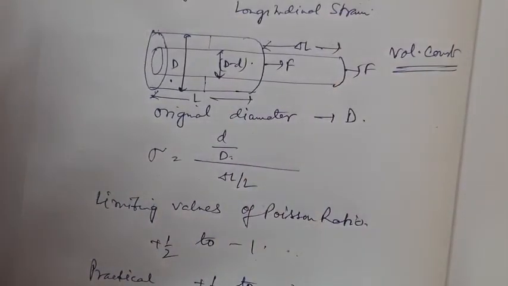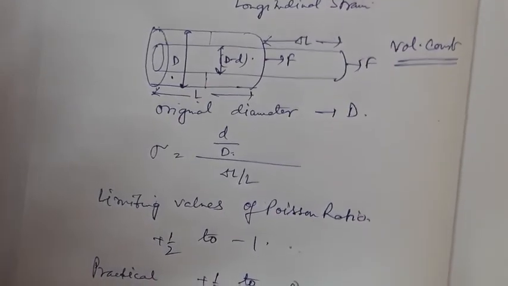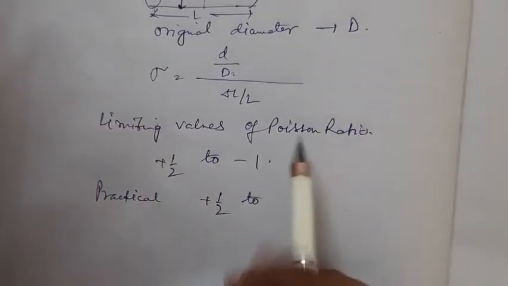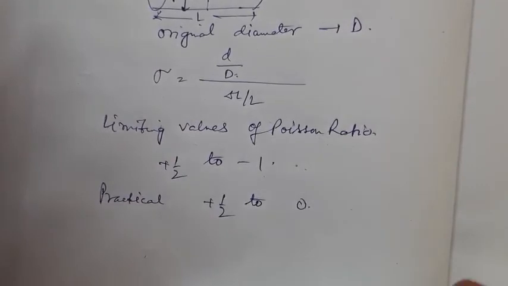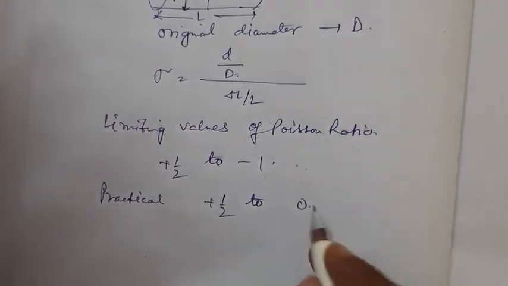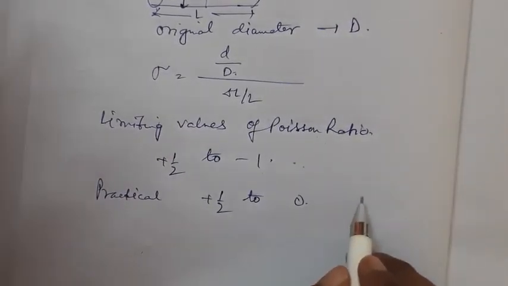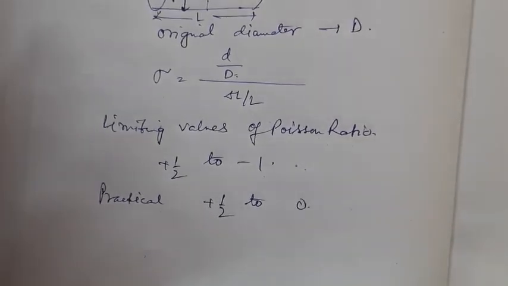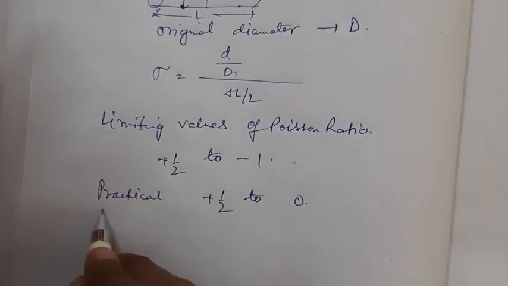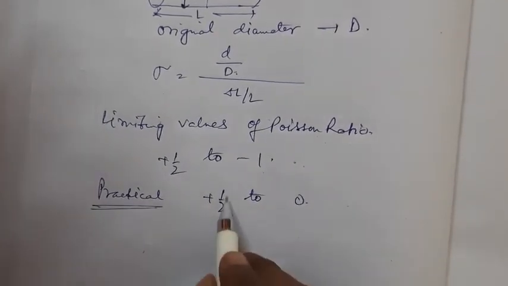One will have to decrease for the increase of another. So the negative part, that means minus 1, minus 2, minus 3, will not be there. After 0, that means minus 0.1, minus 0.2, minus 0.3 up till minus 1, this part is non-existent. The practical existing values are half to 0.